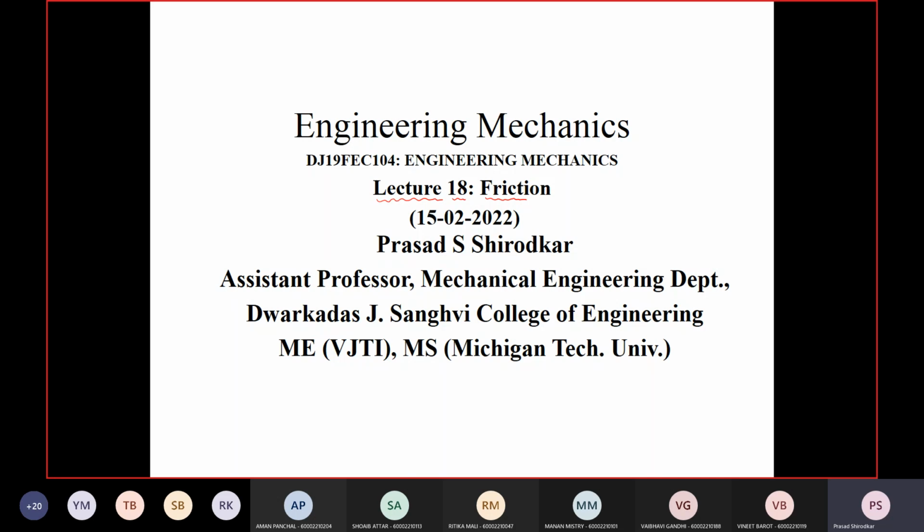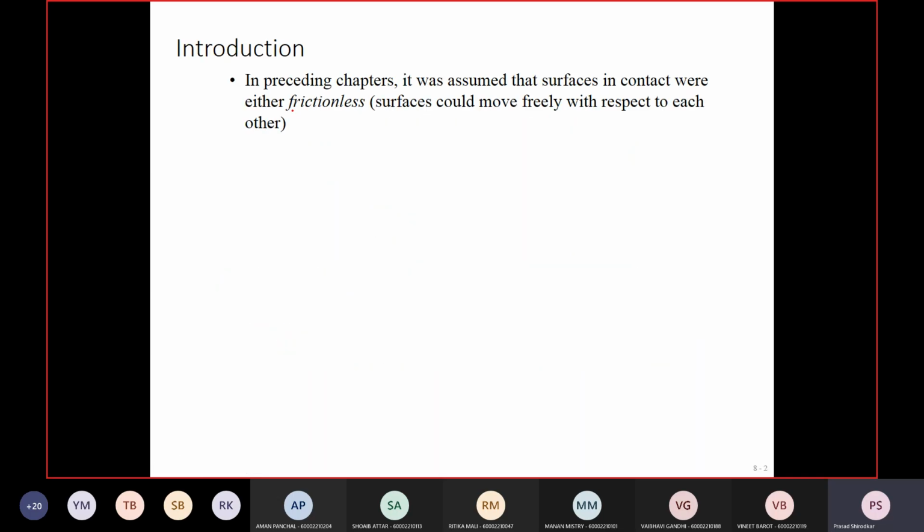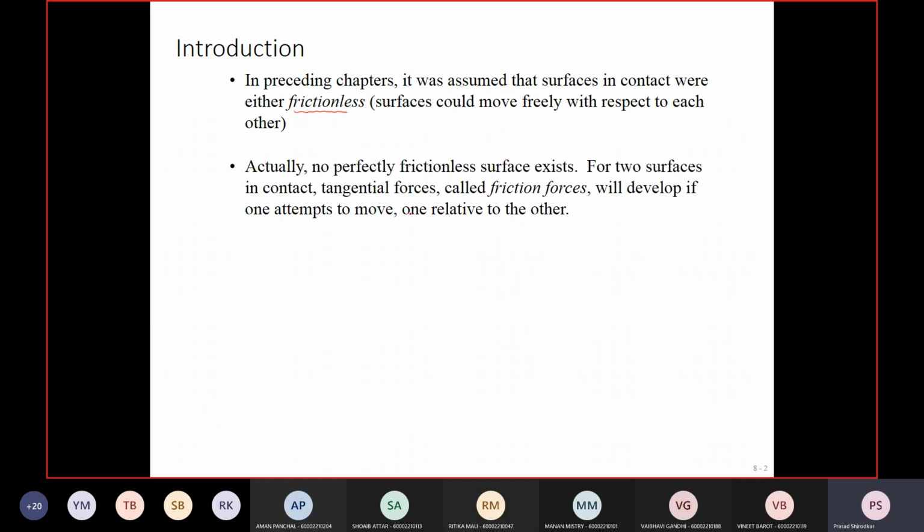Okay, let's start. Today we are going to start with a new topic, that is friction. So far in preceding chapters we assumed that the contact surface is frictionless, so surfaces could move freely with respect to each other. But in the actual case, there is no perfectly frictionless surface.